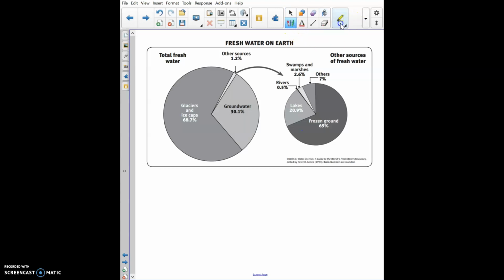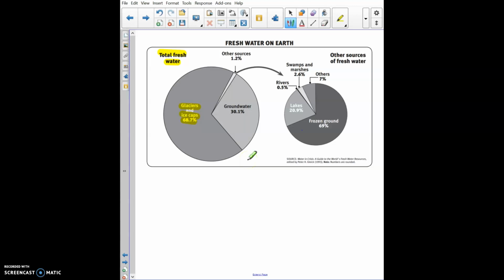So, first, I can identify where most of the world's fresh water is located by looking at this pie chart here, titled Total Fresh Water. If I'm looking at this pie chart, the biggest slice of pie is 68.7%, glaciers and ice caps.